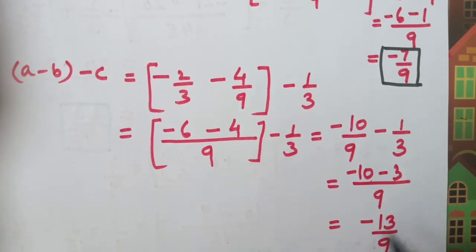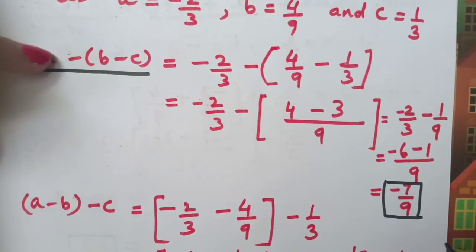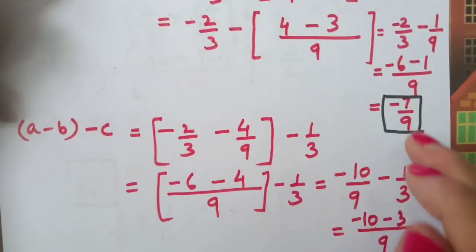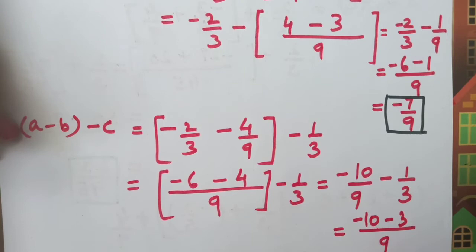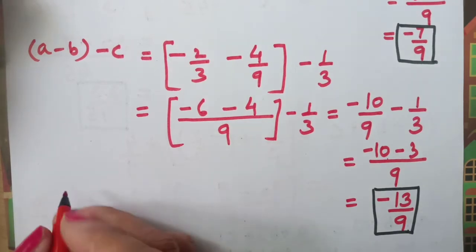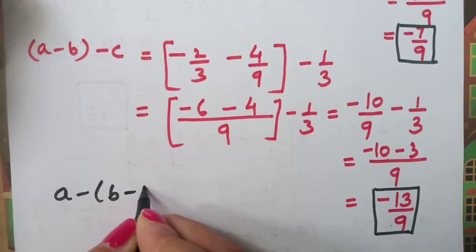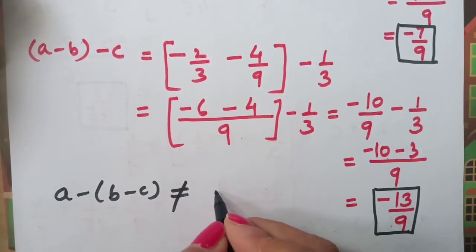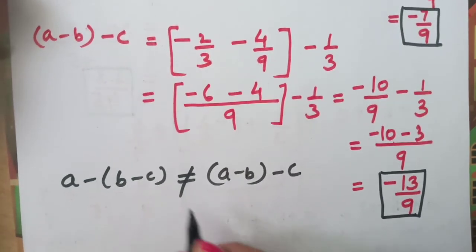So we will check whether these two values are equal or not. इसका क्या आंसर आया था? a माइनस (b माइनस c) का आंसर था सॉल्यूशन करके -7 अपॉन 9, और (a माइनस b) माइनस c का आंसर आया है -13/9. These two values are not equal, so we can say a minus (b minus c) is not equals to (a minus b) minus c.